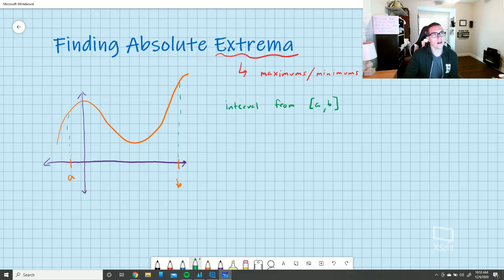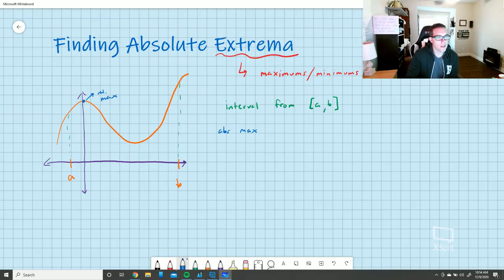this graph has a spot where it's at its absolute lowest, or the absolute minimum, and its highest, the absolute maximum. So let's talk about where that is. First of all, the absolute max. If you notice right here, we have a relative max of this function.